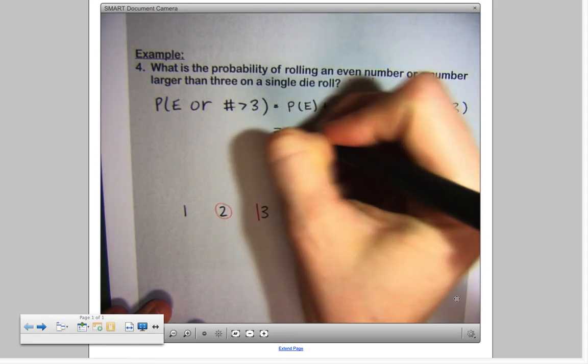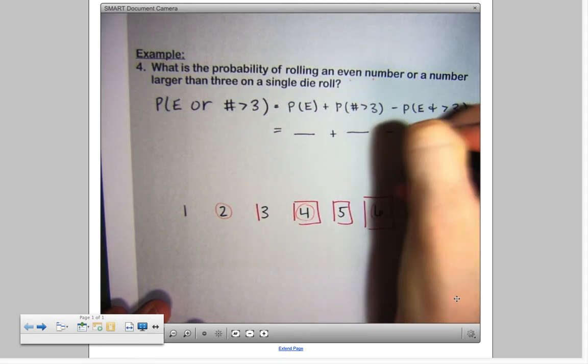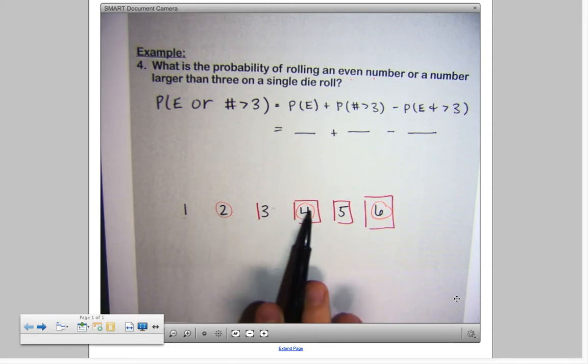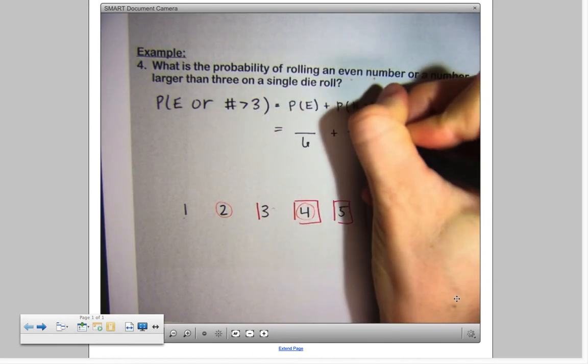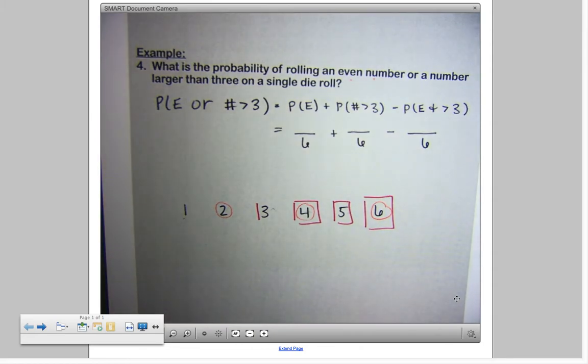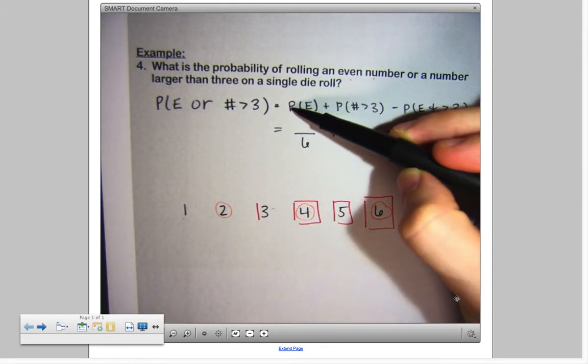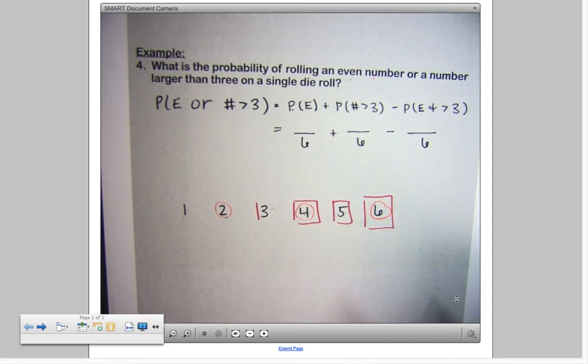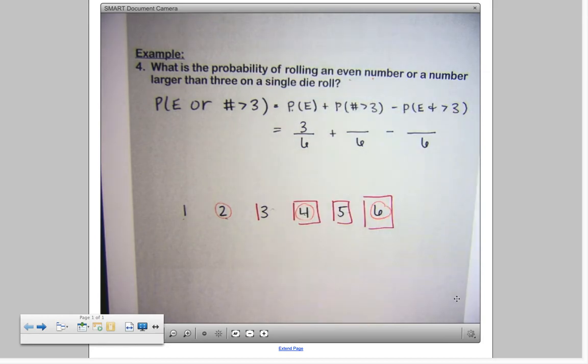Okay, so we know we're going to have all these fractions. And we know the denominator is the total. If we look down here, we have 6 outcomes, so all of the denominators are going to be 6. Let's start with the first one, the probability that it's even. I have 2, 4, and 6, so 3 even numbers.